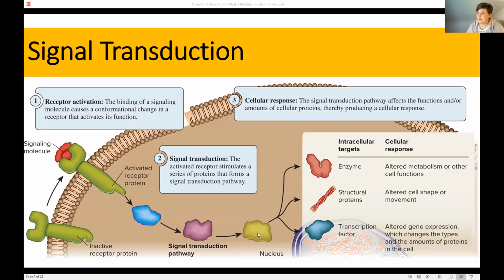Another reason, which I think was mentioned primarily in the lecture, is that with a signal transduction pathway, especially like the protein kinase pathway, which we'll talk a little bit about, you can get what's called signal amplification. So even though you may have one signal or one ligand binding this receptor, a signal transduction pathway would enable this molecule to cause a change in, say, 3 of these purple ones.